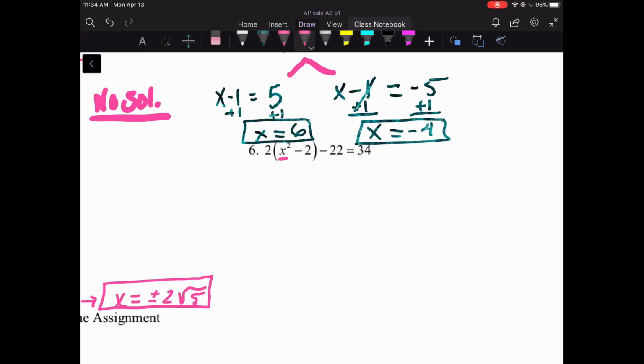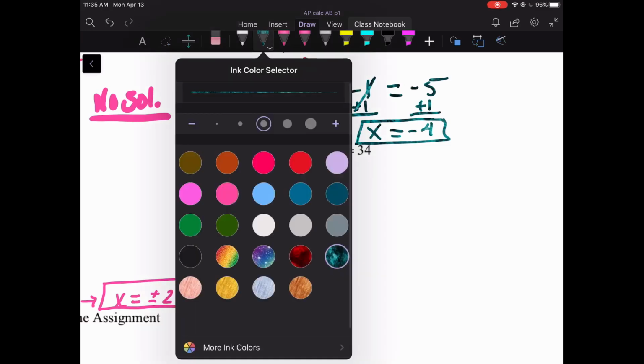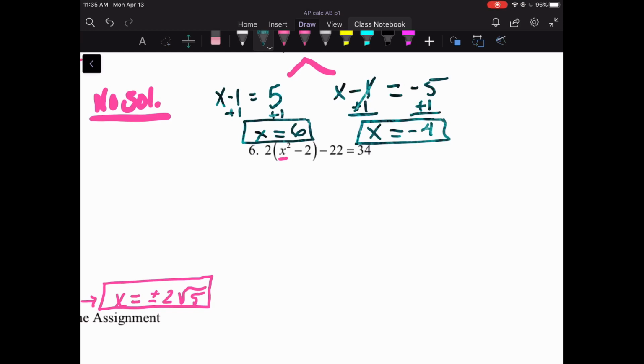You can distribute. I suggest that you keep the parentheses there, don't distribute, and kind of get rid of the 2, and I'll show you how to do that. Again, the option of distributing is possible. Step 1, get rid of the 22 by adding it to both sides.